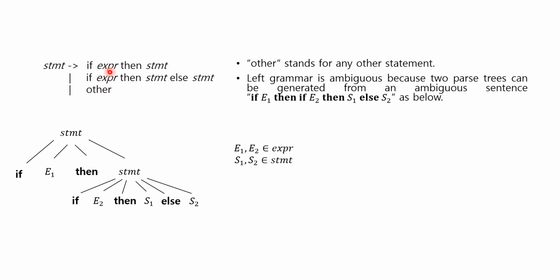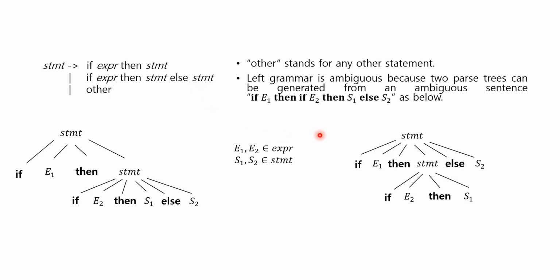This expression is replaced by E1, then statement can be expanded to if E2 then S1 else S2 following the second rule, if expression then statement else statement, and this E2 is an occurrence of the non-terminal expression, then S1 and S2 are two occurrences of the non-terminal statement.